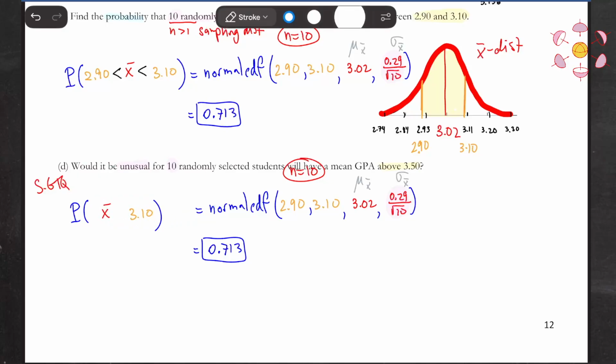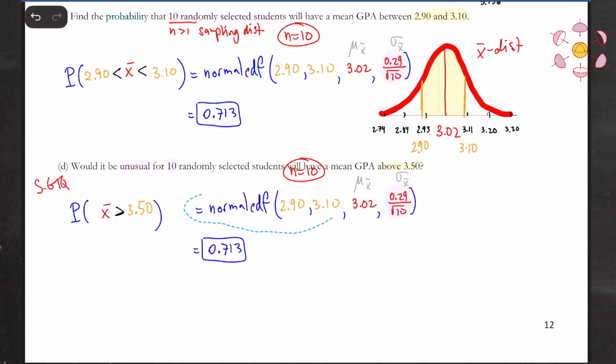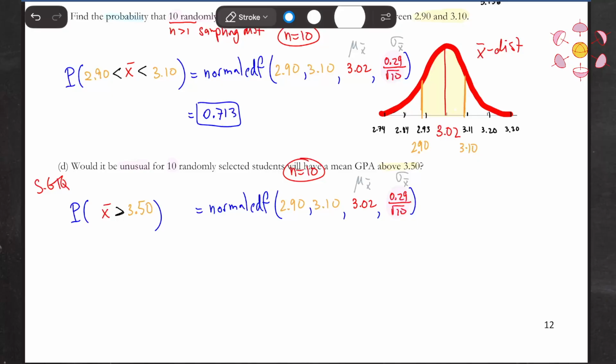What we're saying is, okay, last time we had our students having GPAs between 2.9 and 3.10. Now we want GPAs above 3.50. Okay, so the way we'll compute that is with normal CDF. Actually, I don't know why I kept this. That's going to be different.